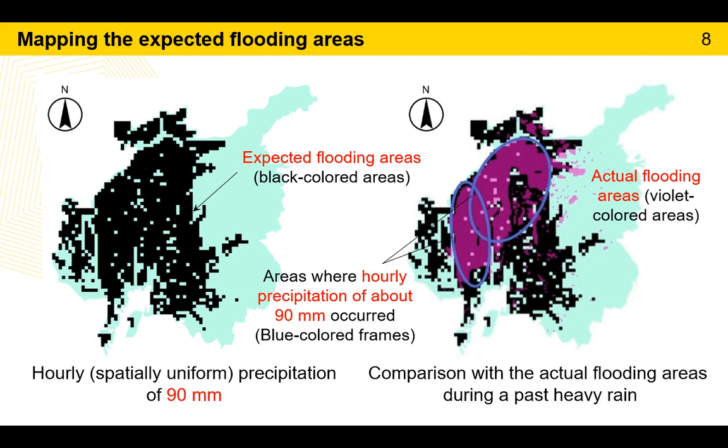From this result, the areas within the blue frames, this area and this area, are locations where precipitation of about 90 millimeters occurred during the past heavy rain in the target area. So the black colored expected flooding area corresponds well to the actual flooding areas, like this.